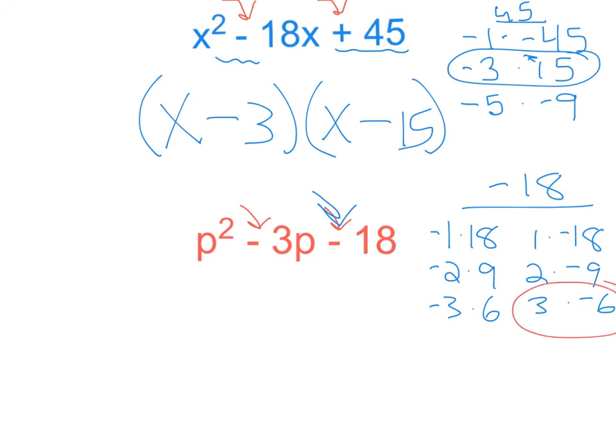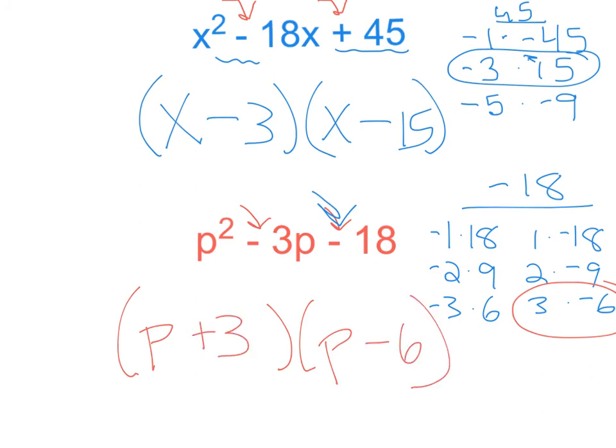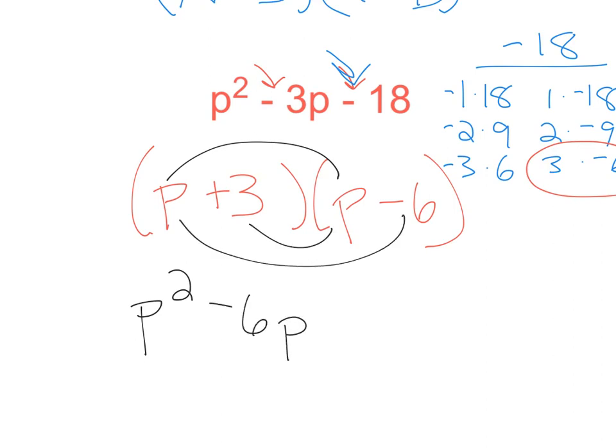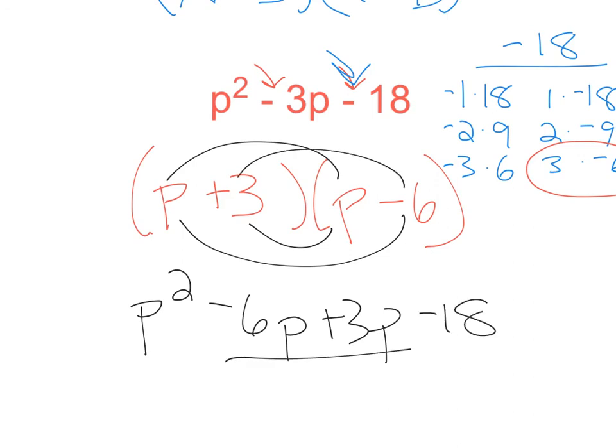It would be negative 6 and positive 3. So in parentheses, I have the variable p, and I just have to plug in plus 3 and minus 6. It's helpful to do just a quick check. Do the FOIL: p squared minus 6p plus 3p minus 18. The middle terms combine to a negative 3, so it checks.